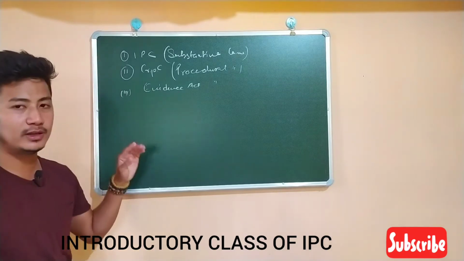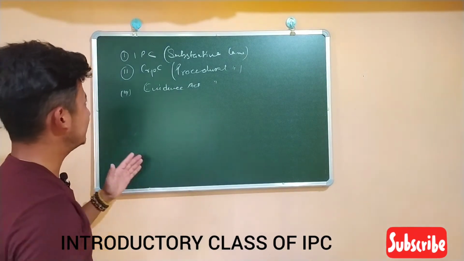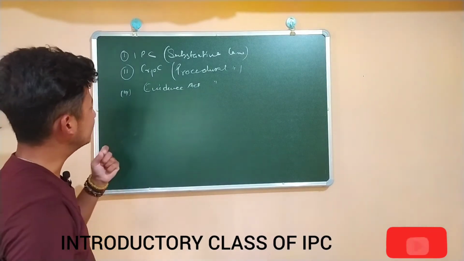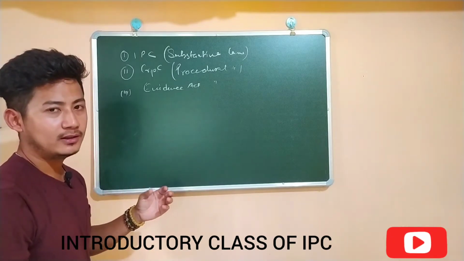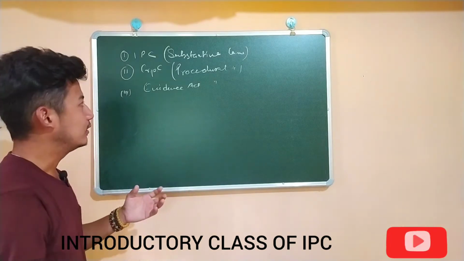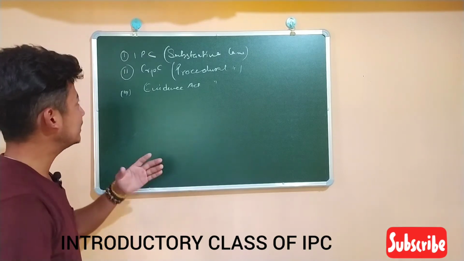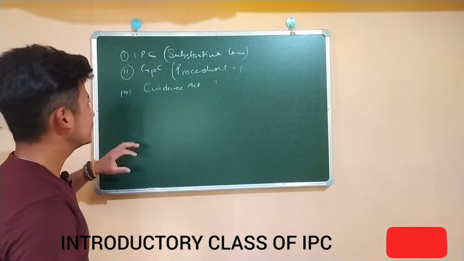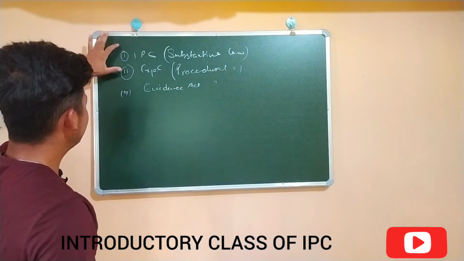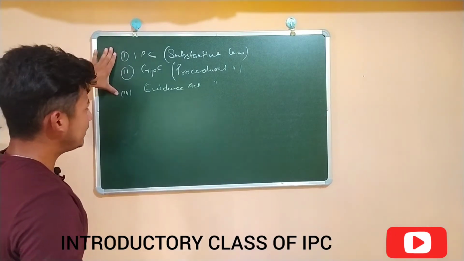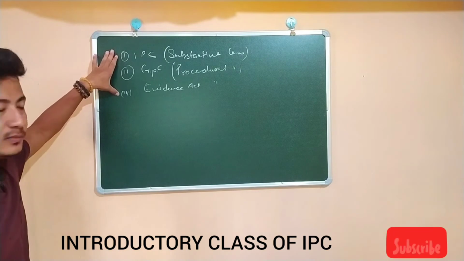Apart from this, we also have some other specially created criminal laws, like the Dowry Prohibition Act and the Domestic Violence Act. Those are also counted as criminal law, but these 3 are the main branches of criminal law.